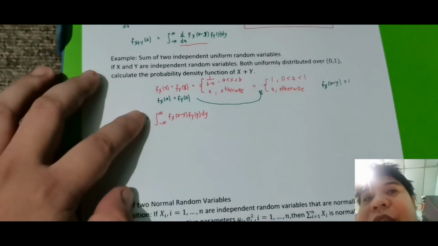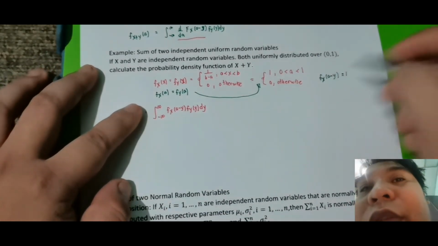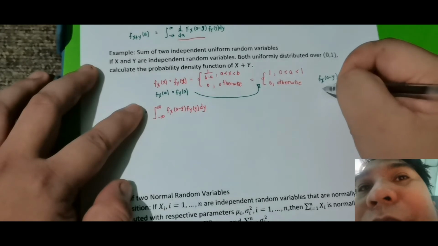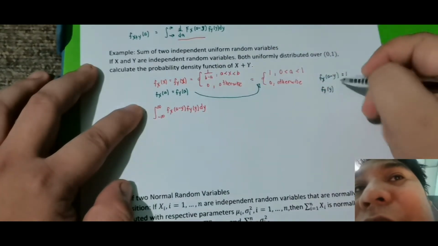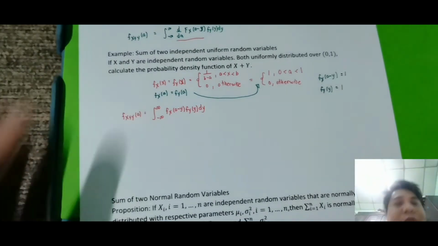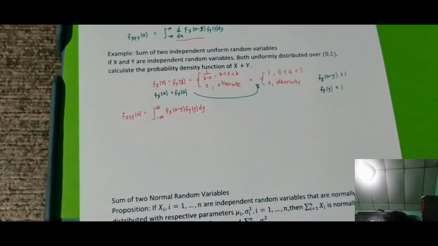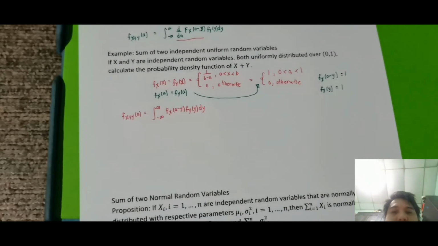Okay, so kung tama ko na, next is simply si f sub y of y, this is just also 1. Okay, so 1 pa rin naman siya talaga actually. Okay, so proceed tayo dito. By the way, sorry, no, ano yung f sub x of a minus y?